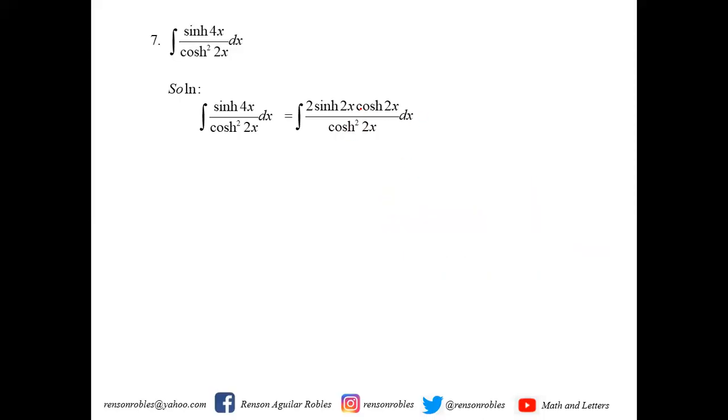Then we can drop this off, and take out one hyperbolic cosine 2x on the denominator, leaving us with 2 integral of sinh 2x over cosh 2x dx. You know that this is equal to 2 integral of tanh 2x dx. Then we can let u be equal to 2x.